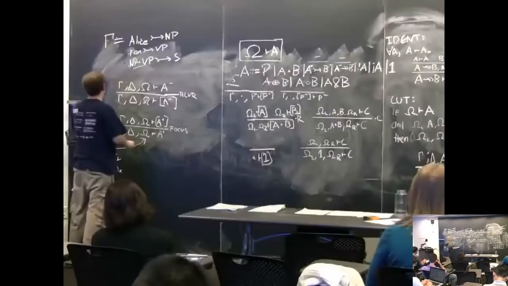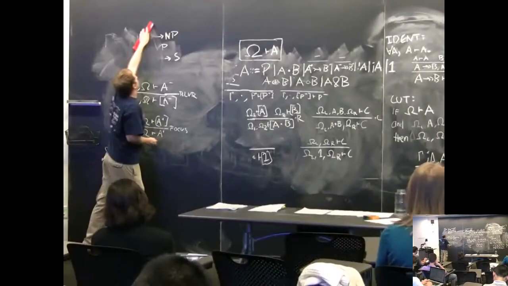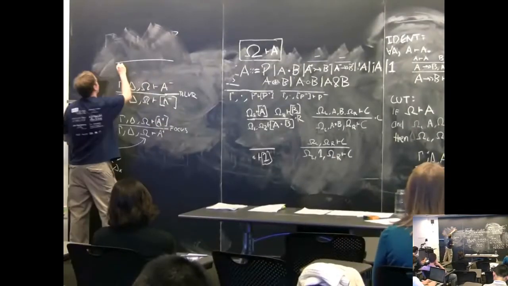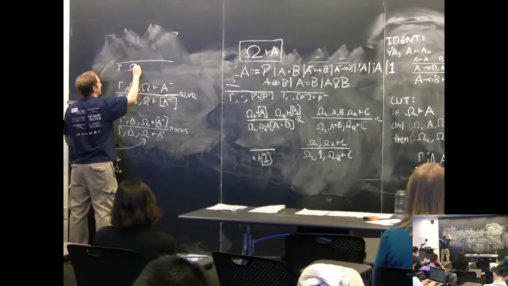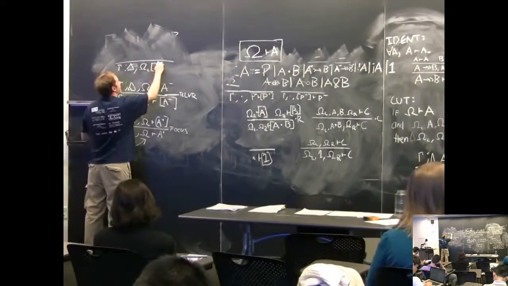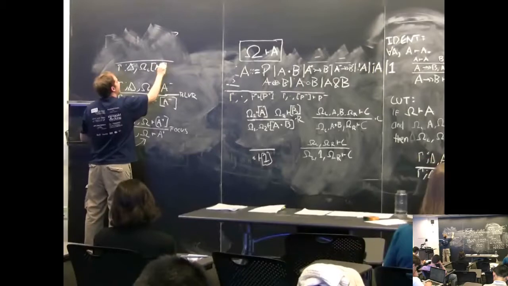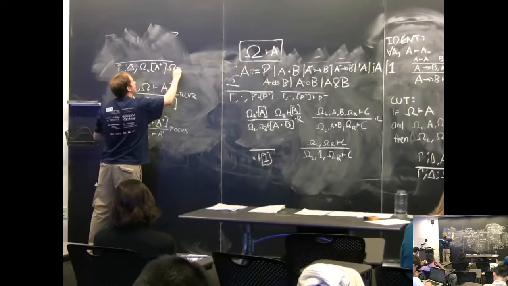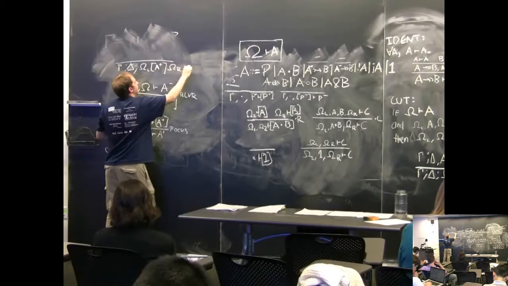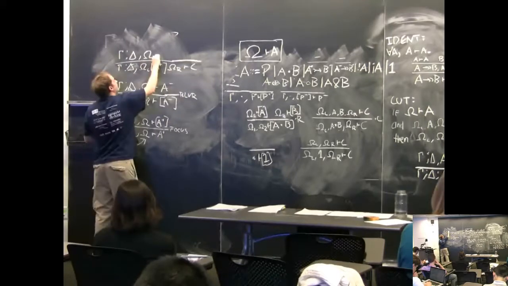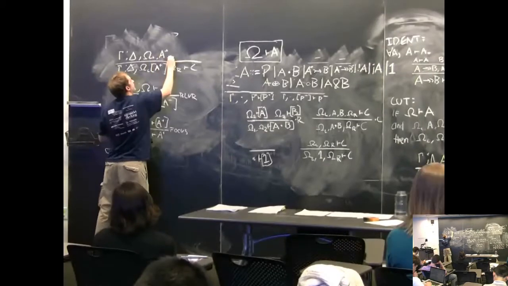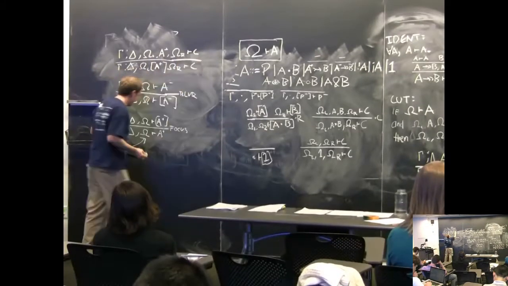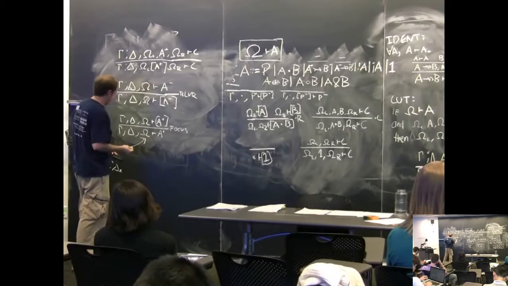Similarly, if I'm left focused, and I can only be left focused in my ordered context, omega left A plus omega right proves C if gamma delta omega left A plus omega right proves C.